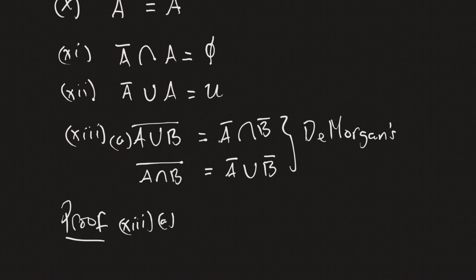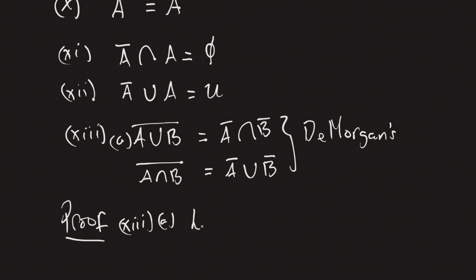So how do we show that two sets are equal? Well, what we have to do is to show that every element in this set is also an element in this set, and vice versa. Every element in this set is also in this set, right?